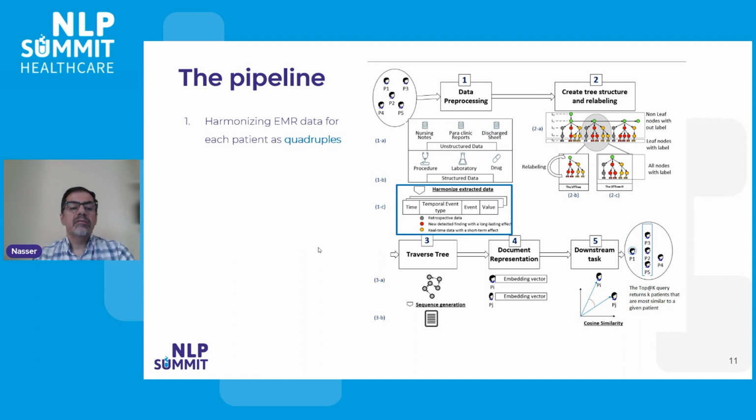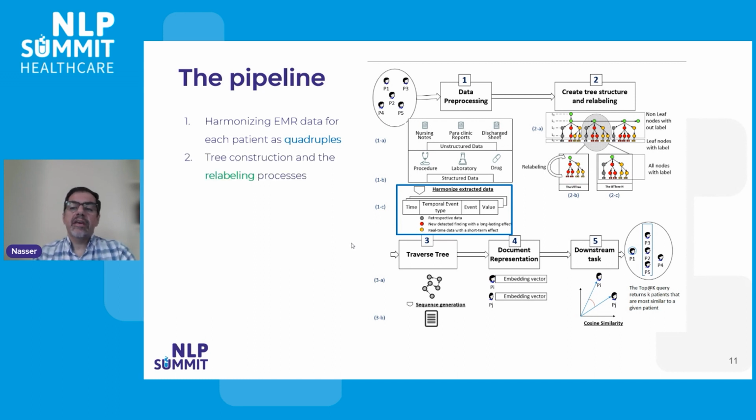Then we convert it to a unified, harmonized format of entities we call quadruples that show time, the temporal event type, the event, and the value. And we differentiate three types of time aspect here. Some of the data in EHR reflect real-time data with short-term effect. Some are newly detected findings with long-lasting effect. And some are historical, retrospective data.